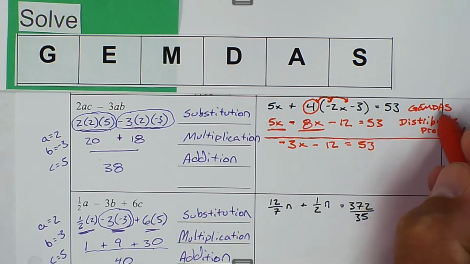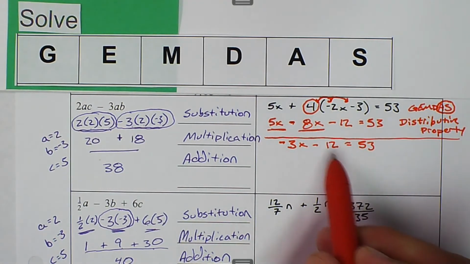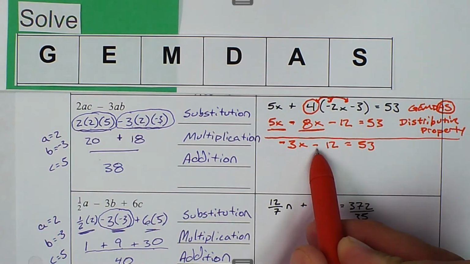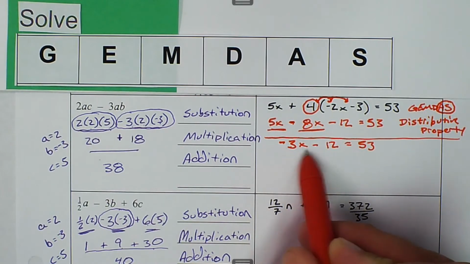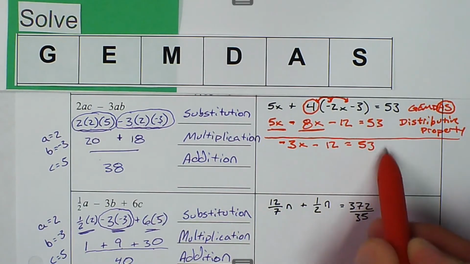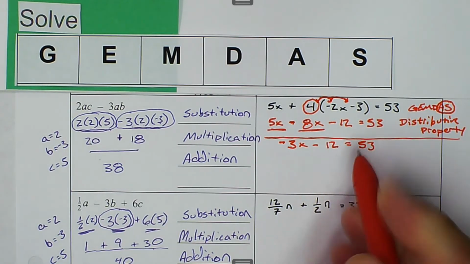So now we can go back to our GEMDAS. And the first thing we're doing, we're solving, is we want to look at addition and subtraction. And we have a subtraction sign here and a subtraction sign here. We could add 3x to both sides, but I don't have a variable over here, so I want to get the constants together.